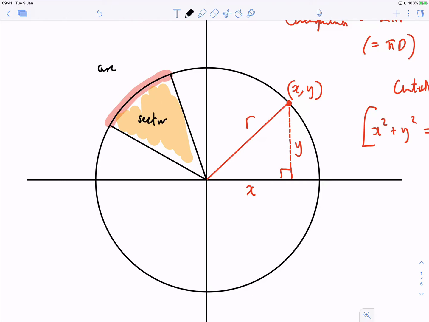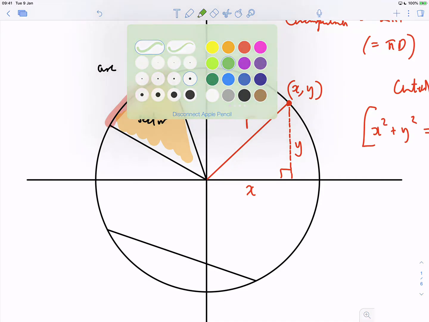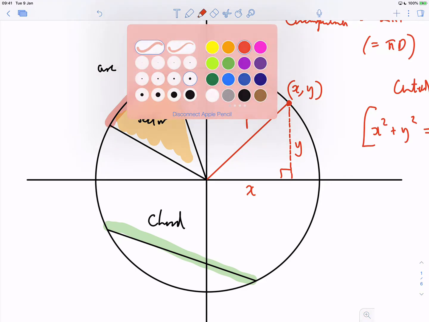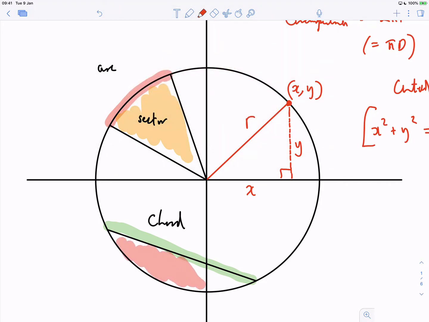If I draw a line from one edge of the circle to any other edge of the circle, like so, that doesn't go through the origin, then this is called a chord. And the area bounded by that chord, which is here, this is called a segment.